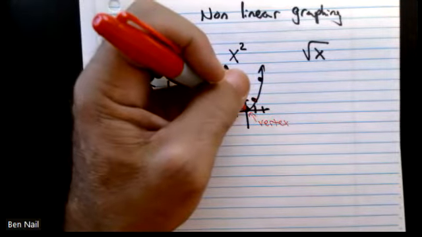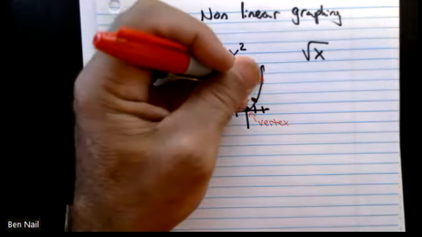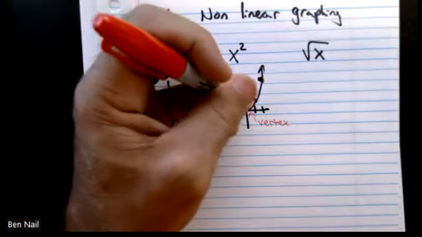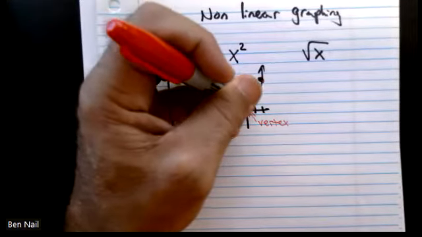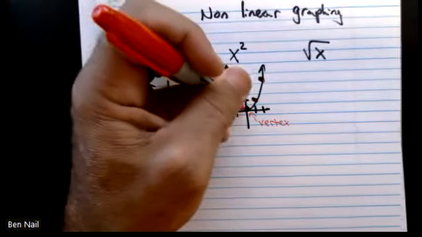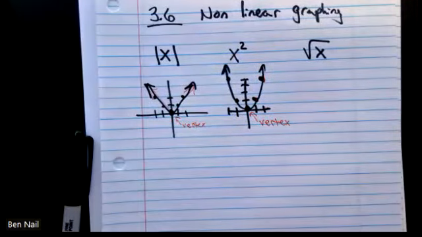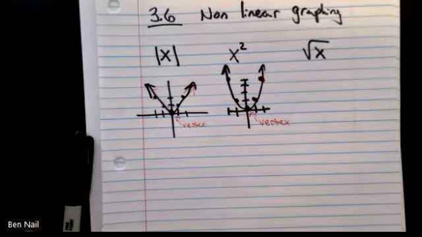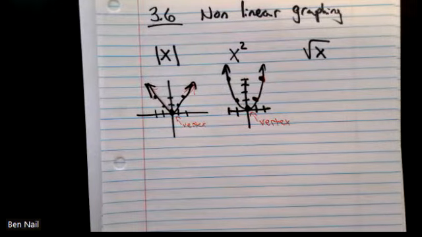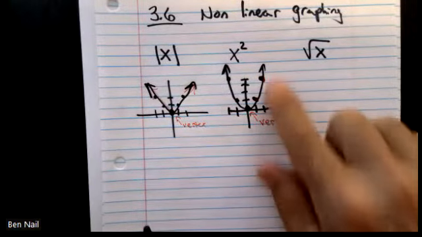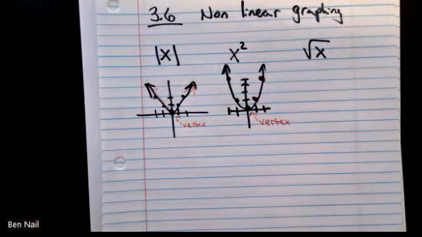And then the next one from the vertex, you're going to go up 4 and over 2. So again, to kind of get to those points, over 1 and up 1, or up 1 and over 1, up 4 and over 2, or over 2 and up 4. And that's the basic shape. We call that the parent function.